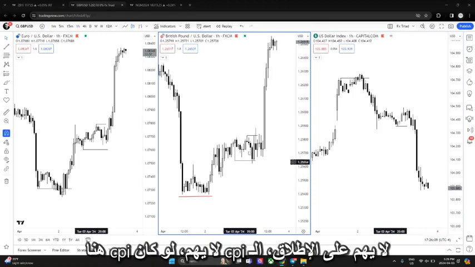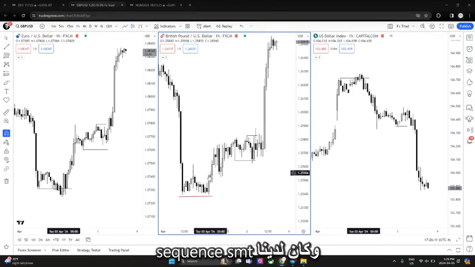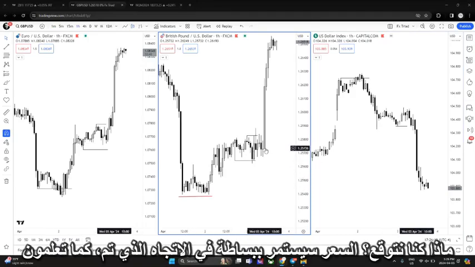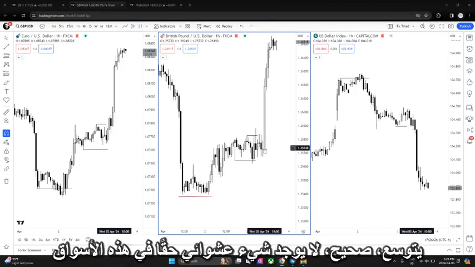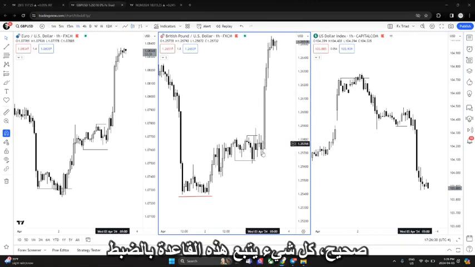Doesn't matter. If it was CPI here and we had sequential SMT, what would we expect? Price to just continue in the direction that it has been placed in. Order flow would just expand. There's nothing that's random about these markets. Everything follows this exact rule.